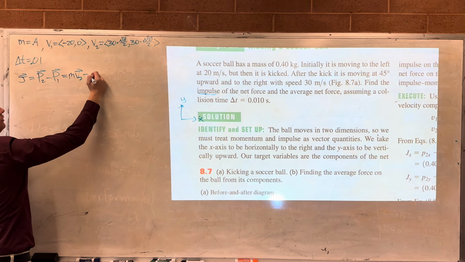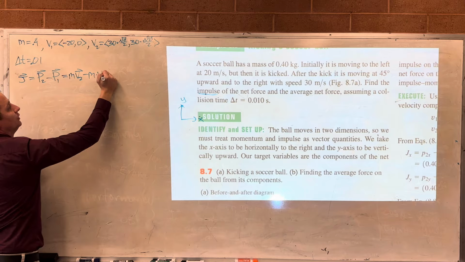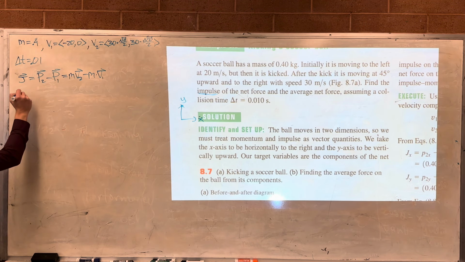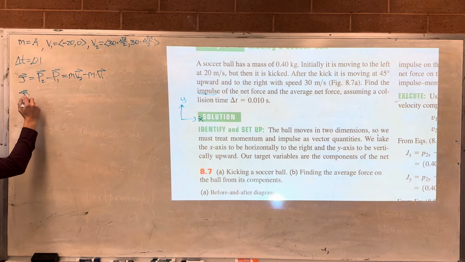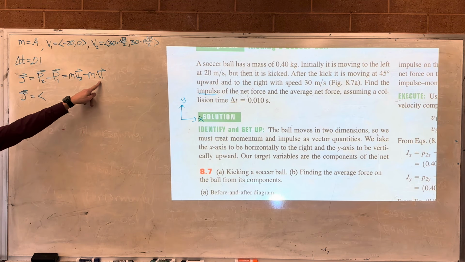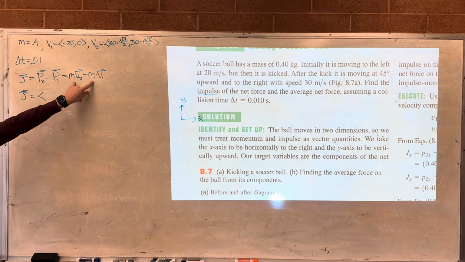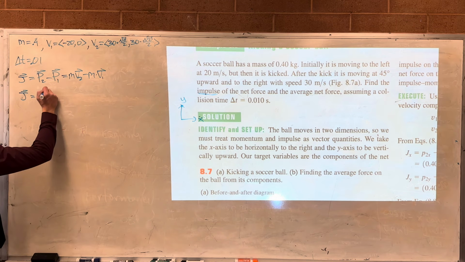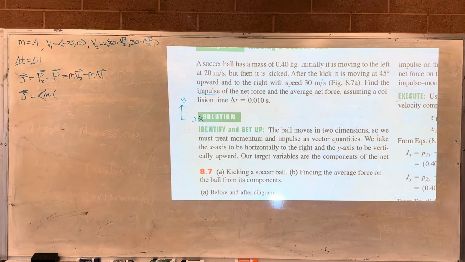I said it backwards, you're thinking right. Okay, so let's just go ahead and calculate that. So what is our impulse vector going to be? v2 minus v1, but then scaled up by m. v2 is 30 square root of 2. So I'm going to do my m first, and we'll multiply it by v2 minus v1. You with me?